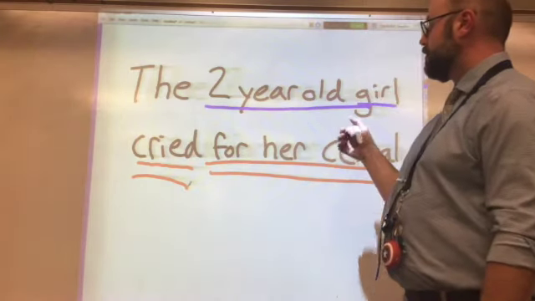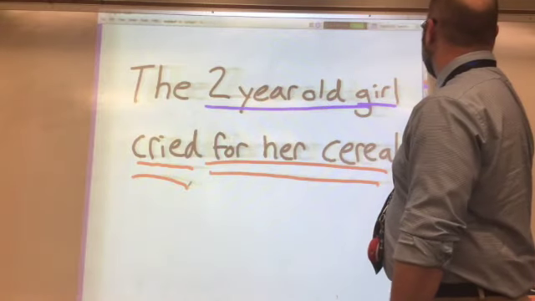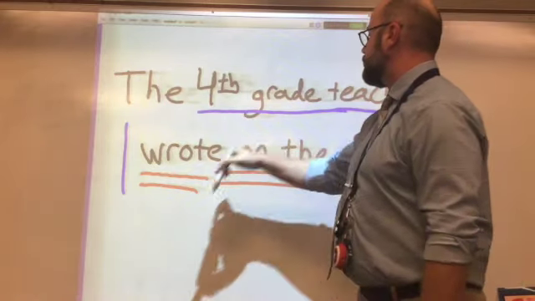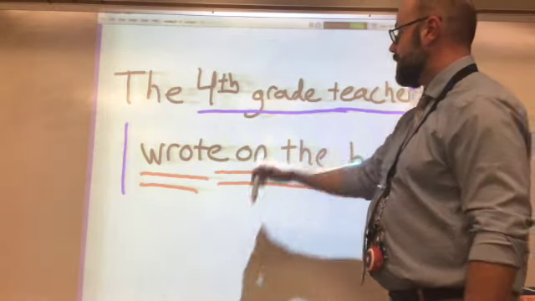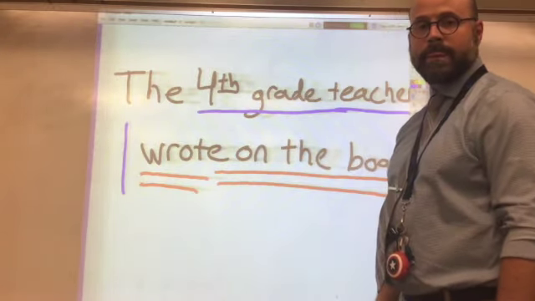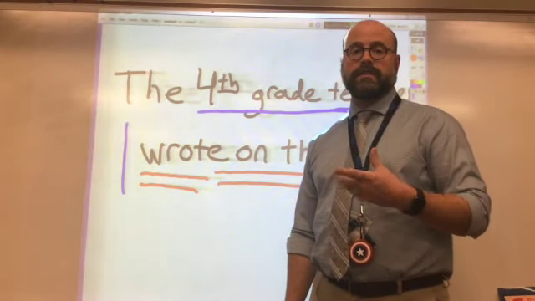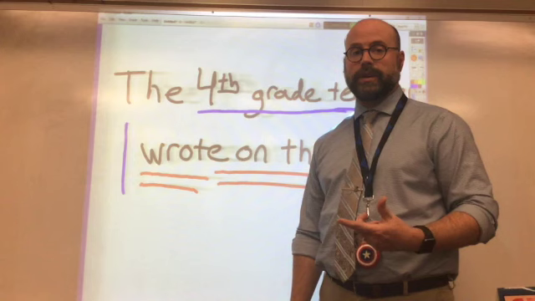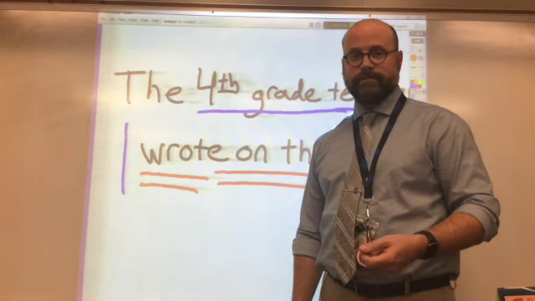Subject, predicate. 4th grade teacher wrote on the board. Complete subject, complete predicate. I'm going to be asking you in an assignment to look for the subjects and the predicates. Okay? All right, guys.